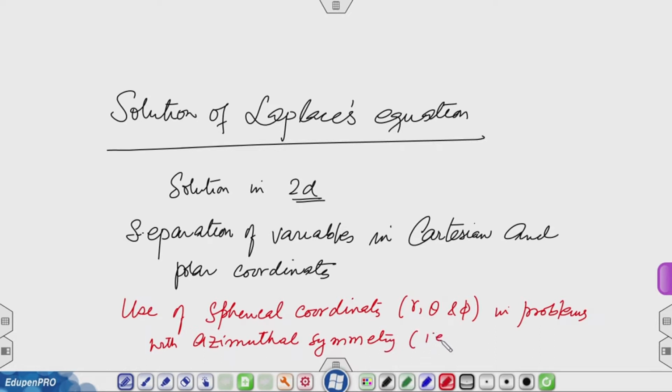That means no phi dependence, so that the problem remains 2-dimensional.